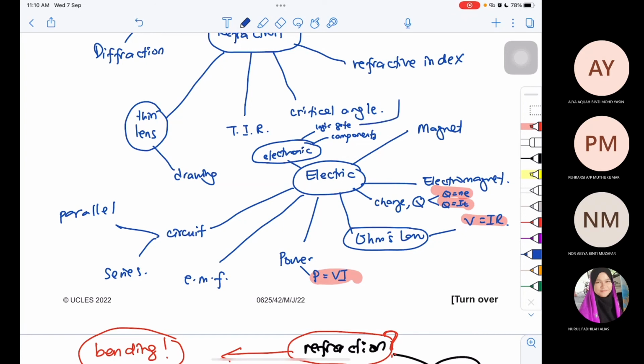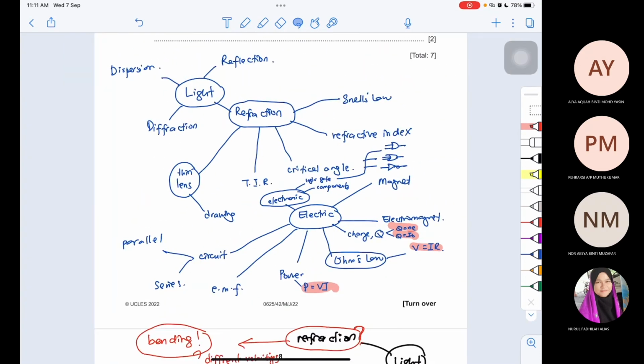Logic gate ada 3 sahaja komponen utama yang you kena tahu, and then you kena combine which are and, not, and this one, or ni not. Jadi tapi 3 ni kita boleh combine lah. Ni kita combine kat sini, kita boleh combine kat sini, macam ni, and so on and so forth. Okay, and tadi kita ada tengok sikit tajuk nuclear physics.